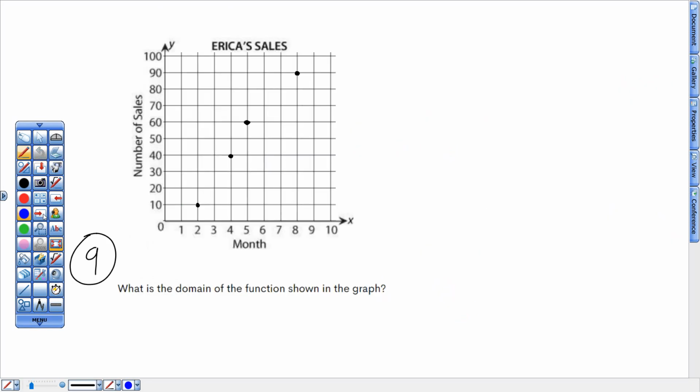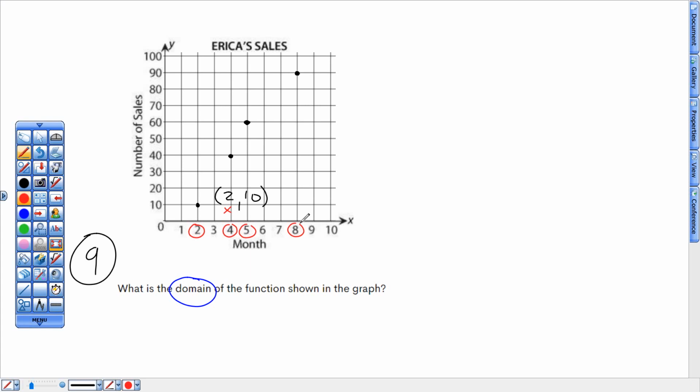Under. All right, this problem right here has you give the domain for these coordinates. Remember, these are all coordinates. That's the coordinate 2, 10. The domain are the x values. The x values are the domain. Those are the ones you're looking for in that function test. If those x values repeat, good chance that data is not a function.